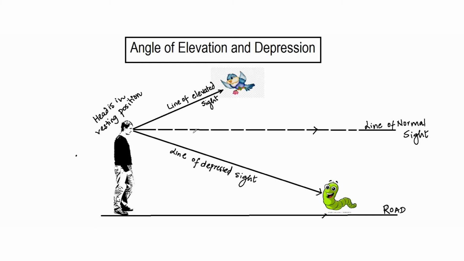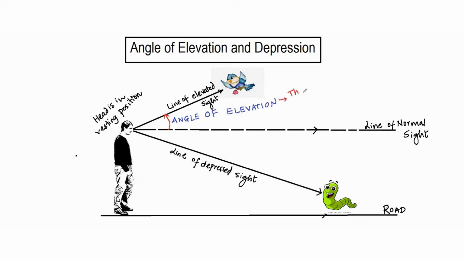Now the angle between the line of normal sight and the line of elevated sight, that is this particular angle, is called the angle of elevation. Angle of elevation therefore can be defined as follows.